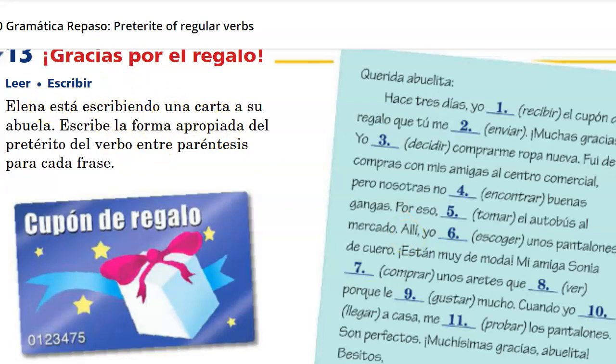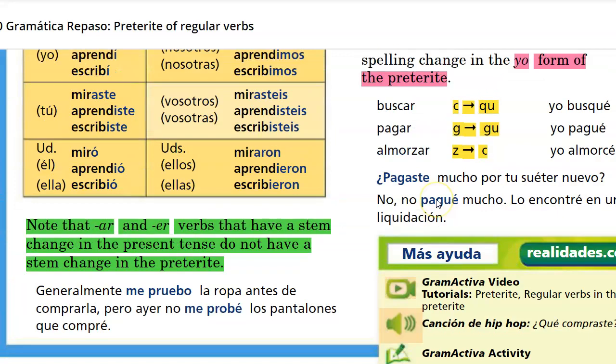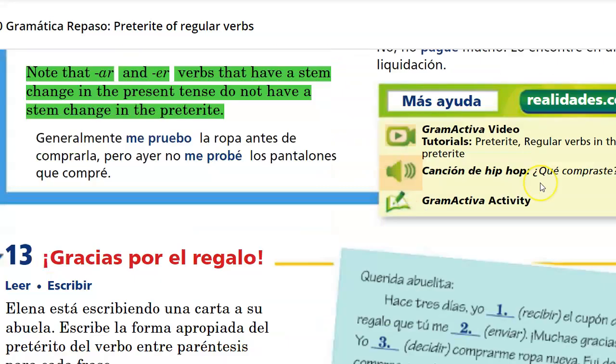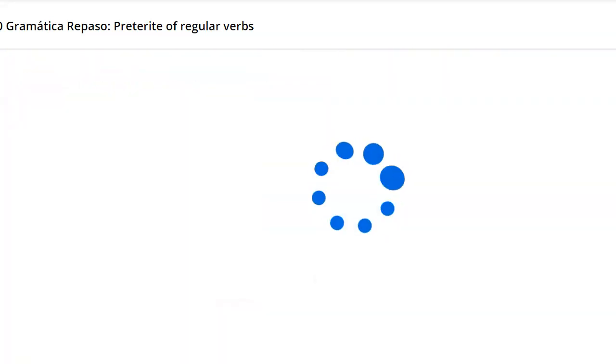Elena's writing a letter to her grandmother, and you're writing the appropriate form of the preterite of the verbs provided in parentheses for each phrase, using these endings, yeah? And if there are any car, gar, zar verbs in the yo form, then you would use these spelling changes that take place before the yo form ending. So that was exercise 13.